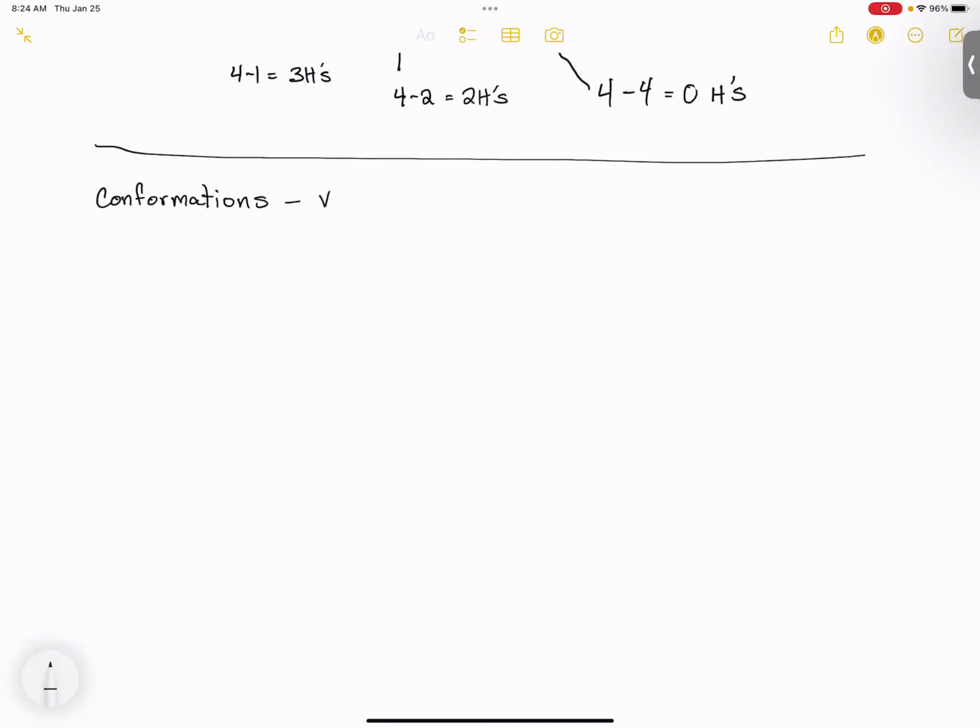Conformations, which is the various 3D structures that a molecule can have.